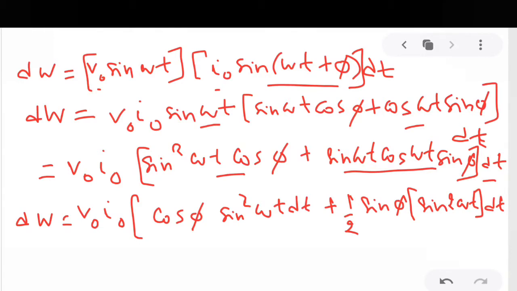Now this is dW. From this we can get the value of W by integrating the terms.